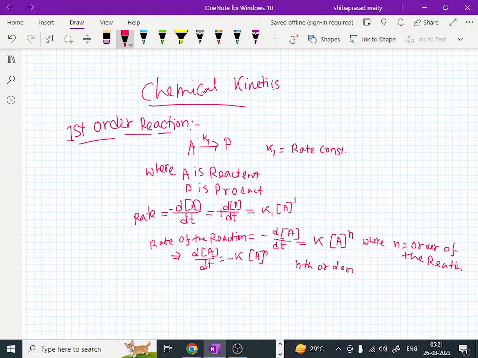We consider the first order reaction, so n equals 1. That means first order reaction, so dA by dt equals minus k A.